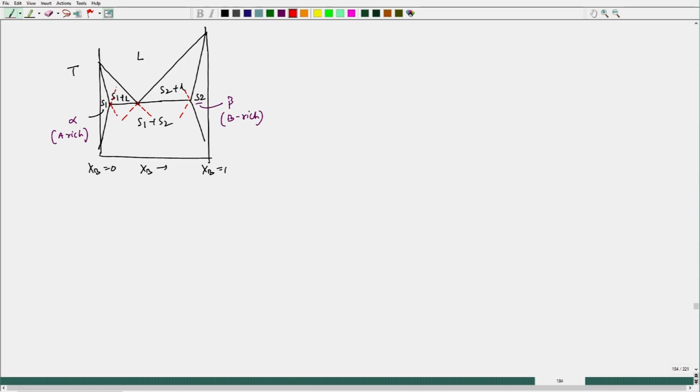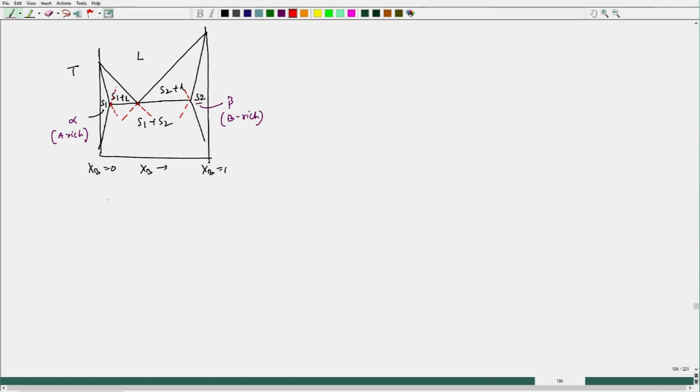Now, you see that all those dotted metastable lines are actually entering into the two phase zone. Okay. For example, this particular X B S1 S2, that is the composition that is entering into the S1 plus liquid zone when we take it metastable, and in a similar way you can reflect.